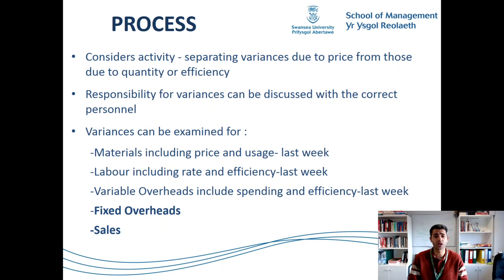So today we will cover the fixed overhead variance, and also we will cover the sales variances. And after that, we will practice on an example in which we need to prepare the operating statement.